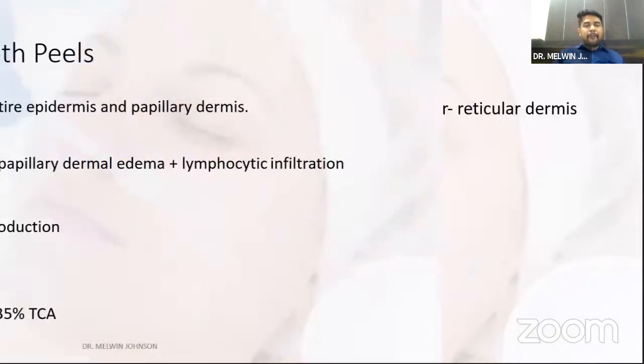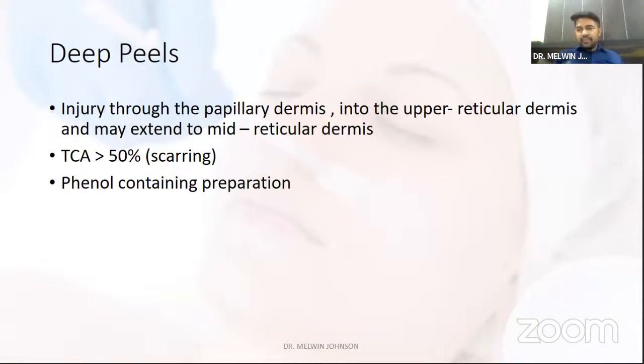Okay, and deep peels, these are phenolic peels, or a TCA that has a percentage of above 50%, is called a deep peel. So a very huge disclaimer, it is not mentioned here: don't go for deep peels in the very beginning of your aesthetic journey.